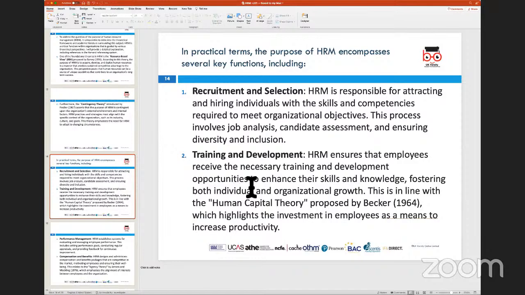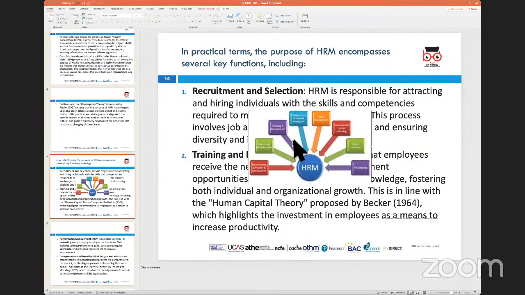Now, what is the purpose of HRM? What are the key functions which HR does? If I have to show you an image which summarizes some of these functions in an overview, rather than going into a lot of detail, I would put together an image like this.